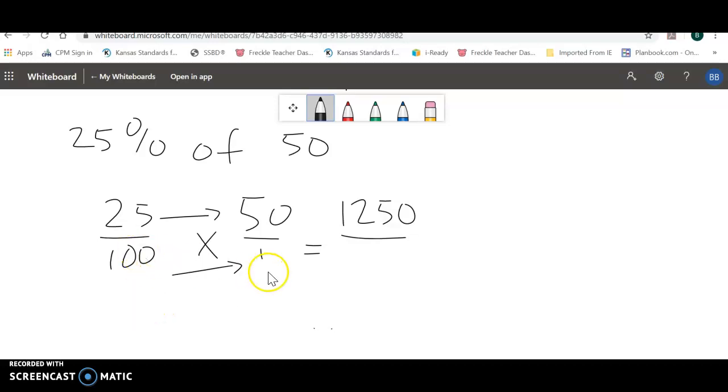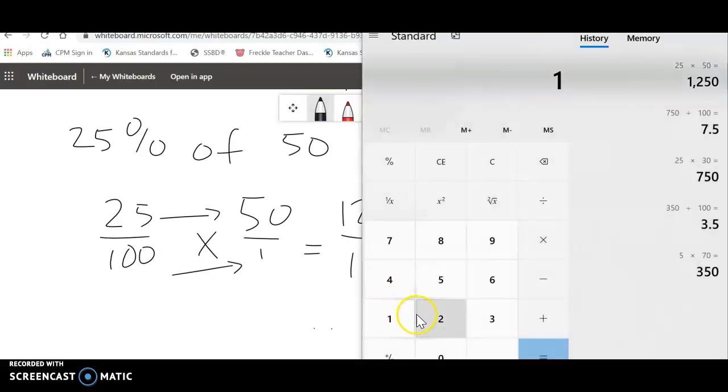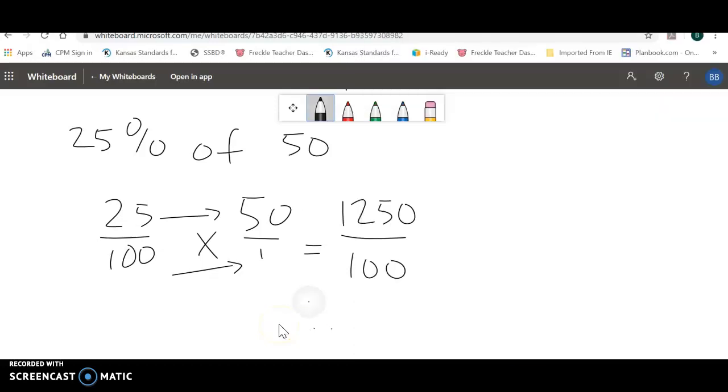On the bottom, you have 100 times 1, which is 100. You try this out. So you try out 1,250 divided by 100. And that is 12.5. So 12.5 is 25% of 50.